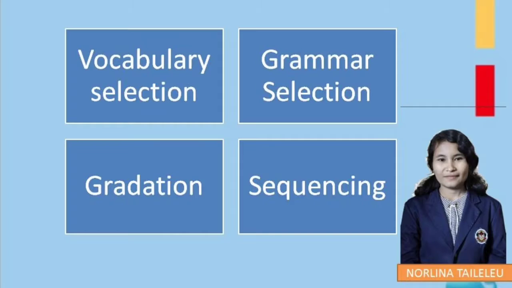Next material, grammar selection. The choice of grammar is the same as choosing the subject of the word cited above. However, the focus in grammar selection is the ability to be taught and learned, which can support the selection of sentence patterns.